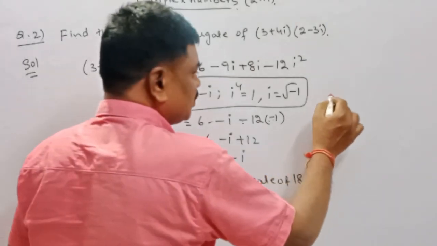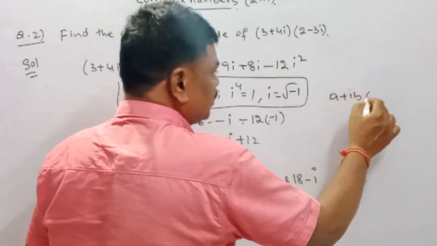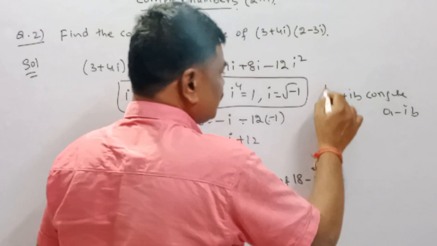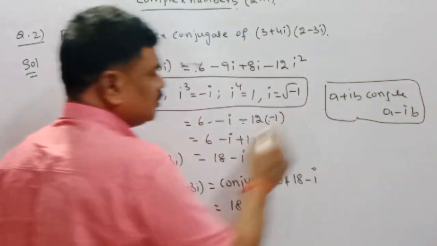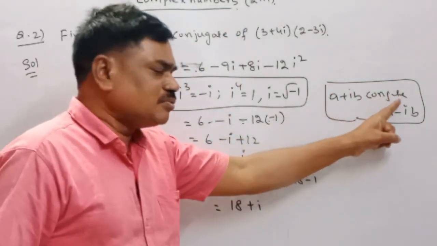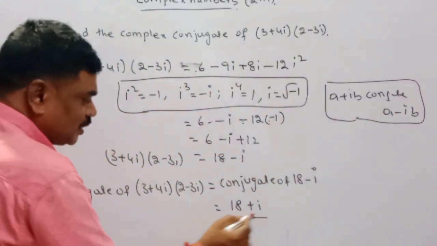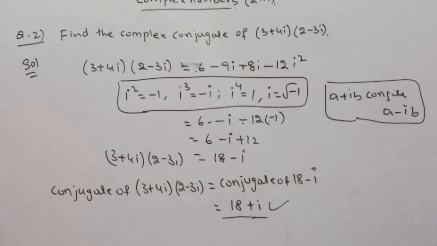Why? Because the conjugate of a plus ib is a minus ib. This is the formula. By using this, the conjugate is 18 plus i. Okay, all of you? That's all.